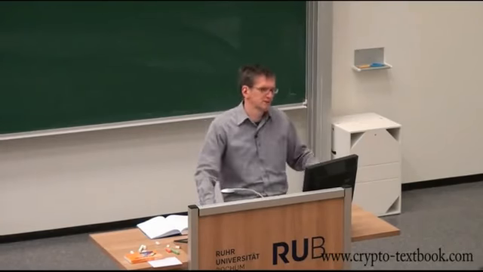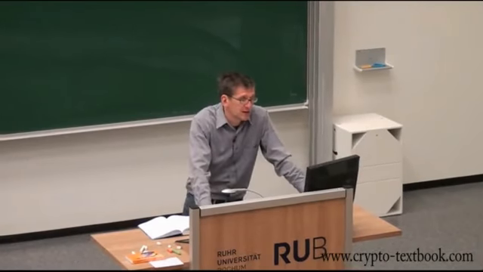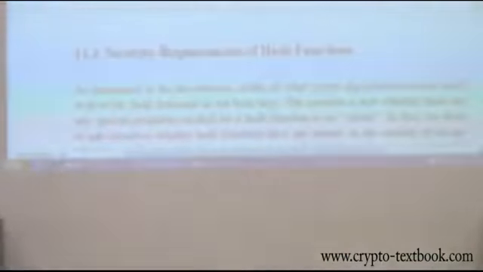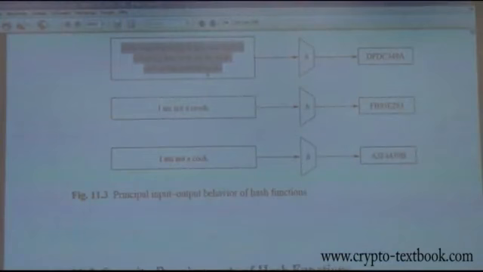Maybe let's talk about this first. There are all good pictures in the book here. One thing we would like to have with a hash function is the following. This is kind of the first two requirements. Even if I have a longish text here, the beginning of Alice in Wonderland, if I feed that into the hash function, I get a fixed output. If I have a different input, I still have a fixed output. The output length is always the same, in this case 8 hex characters, 32 bits.